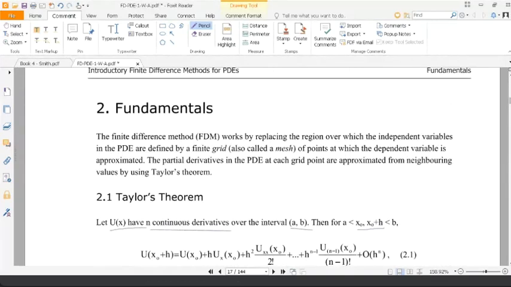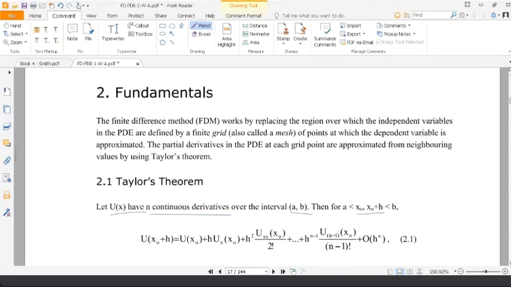I want to introduce Taylor's theorem to you. Let u have n continuous derivatives over the interval from a to b, and x0 and x0 plus h are also in the interval (a, b). This means a is smaller than x0 and x0 plus h is smaller than b.